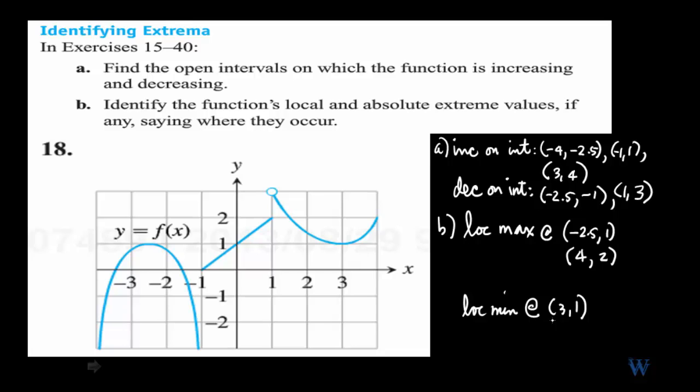So all you've got are local max and mins, but no absolute max or mins. Now again, why did we not get the absolute extreme values? Because you have a function, although it's on a closed interval, that is not continuous, so you were not able to find the absolute extreme values.